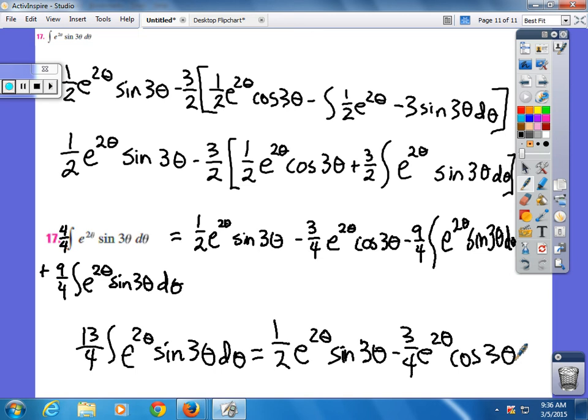Now divide by 13/4 on both sides, you multiply by what? 4/13, so that's going to multiply this by 4/13.